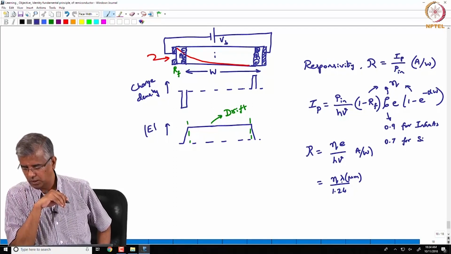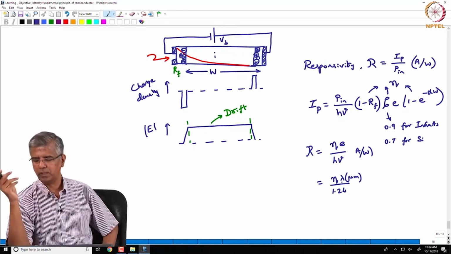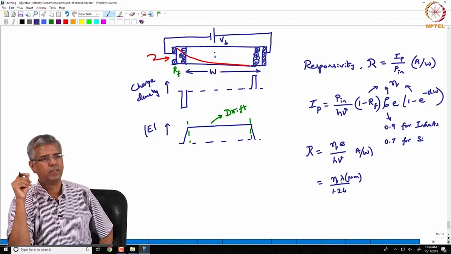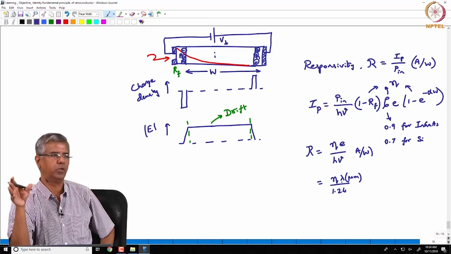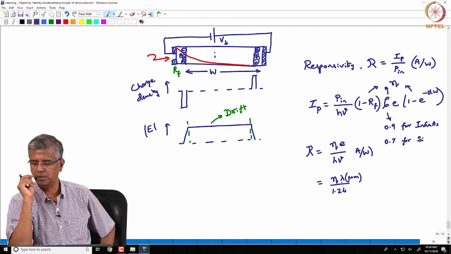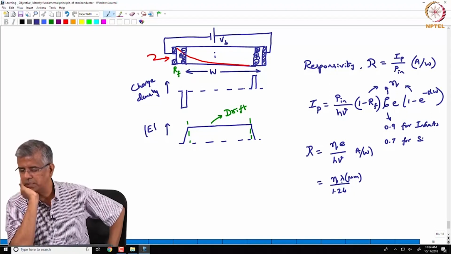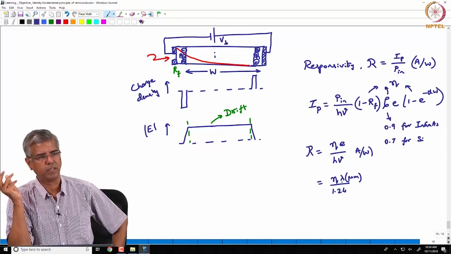So, eta, now your RF can be reduced. How do you reduce RF, the reflectivity at the facet? You could do an anti-reflection coating there, right. So, that can reduce RF. In zeta, well, you are stuck with whatever material that you are given, right.